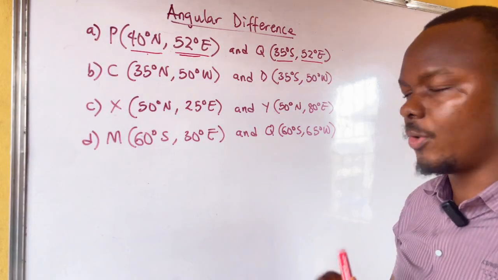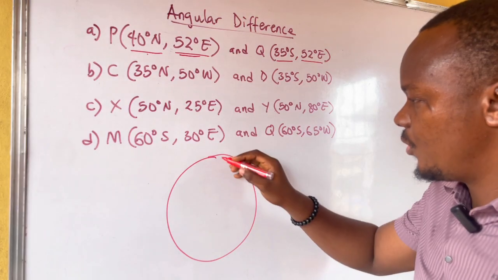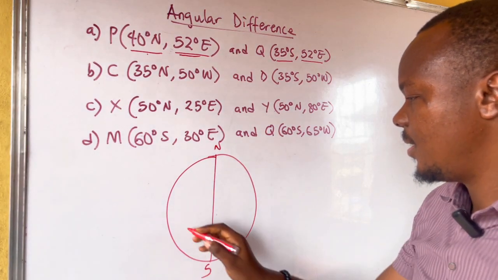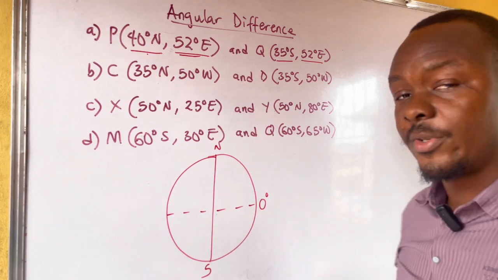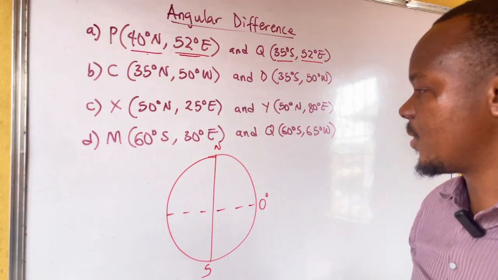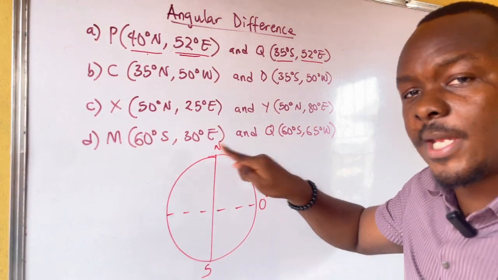So the next thing to draw is your globe. So you draw your globe, you draw your prime meridian, that's your north and your south. Then you draw your equator line. 0 degrees is your equator. Then 40 degrees north. North is up here. So it starts from 0 and goes up to the north 90 degrees.